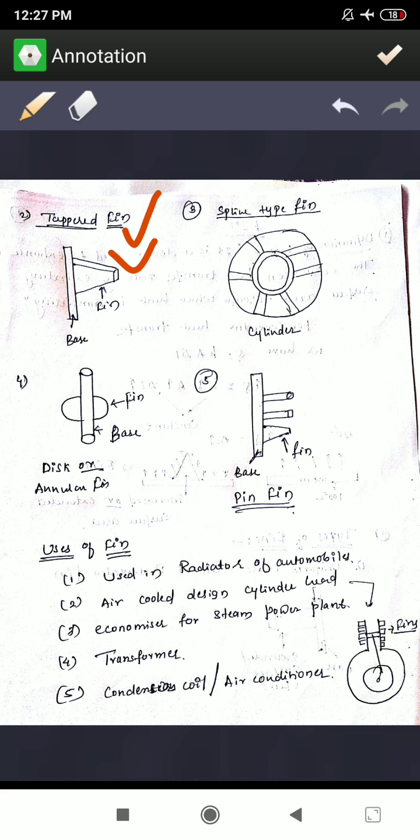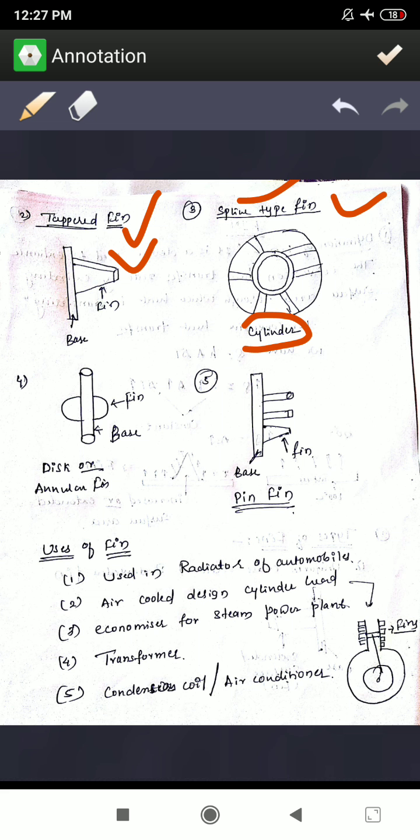Now the third one is the spline type fin. Usually this type of fin is used where the base material is in the form of a cylinder. On that cylinder we have some slots, and those are called spline type fins or extended surfaces.